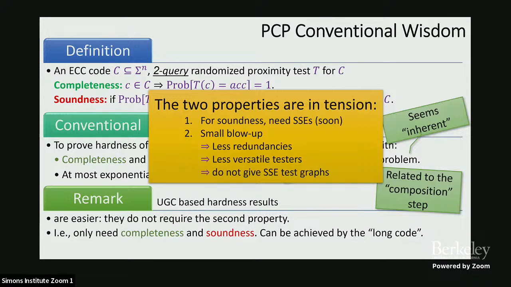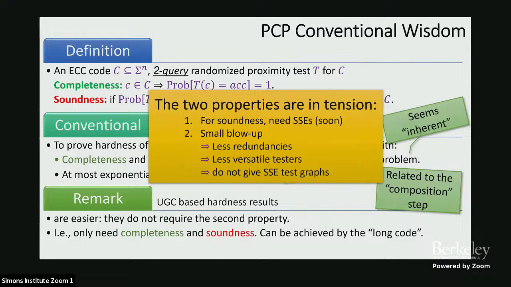On the other end, if you have only a small blow up in your code, it means that the code has less redundancies, like you're being cheap with the length. So there are less redundancies to play around with. Therefore, this limits the type of testers that you can choose. And naturally, when you don't have too much freedom in your testers, you're going to have trouble making this test graph that I'm going to soon define a small set expander.